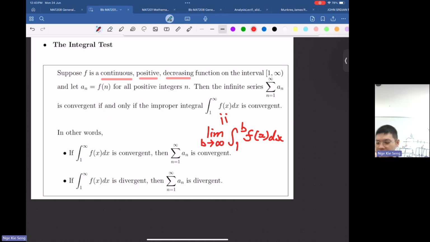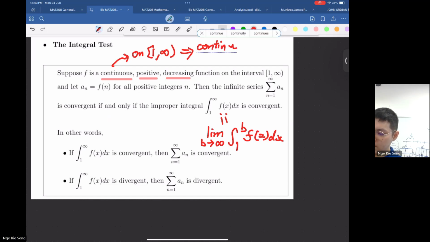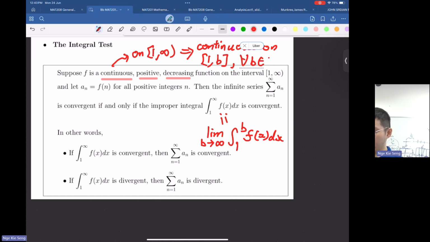Okay. So obviously, when f is continuous on 1 to infinity, it implies that it is also continuous on 1 to b for all b between 1 and infinity. Does it make sense?